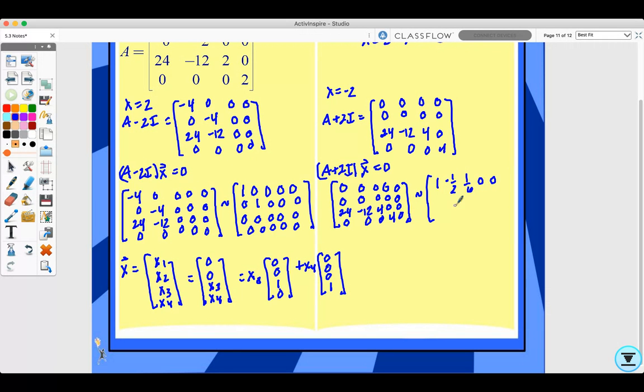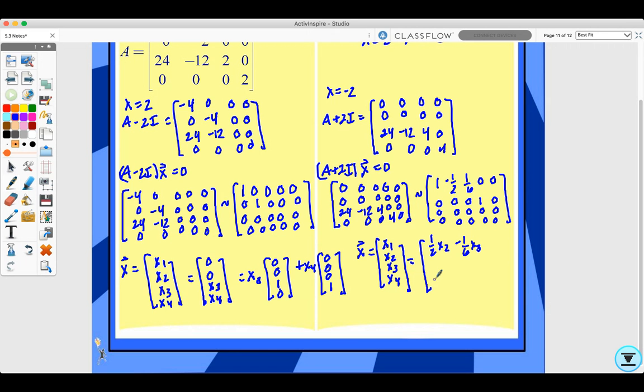And usually we don't deal with many fractions, but this one we do have fractions. And here I would have x equals 1/2 x2 minus 1/6 x3, x2, x3, and 0.